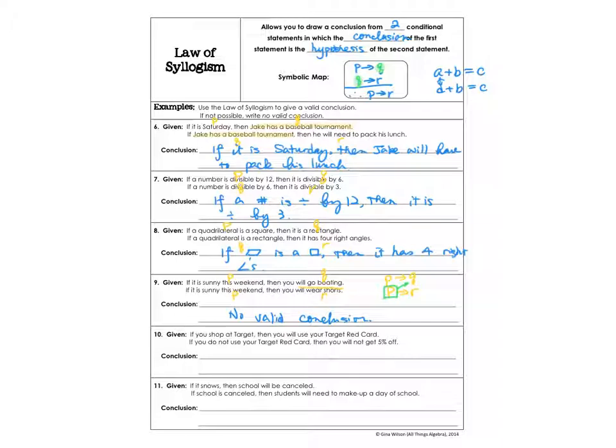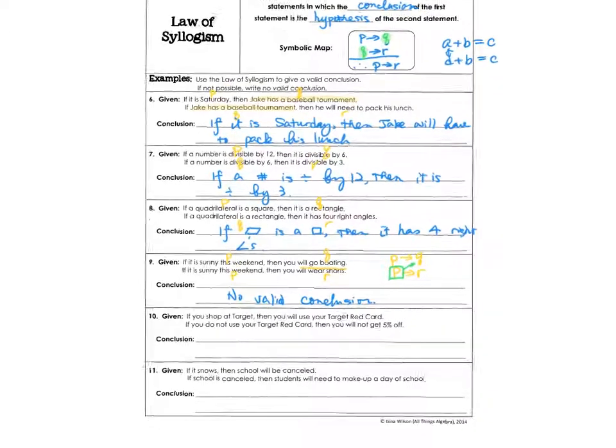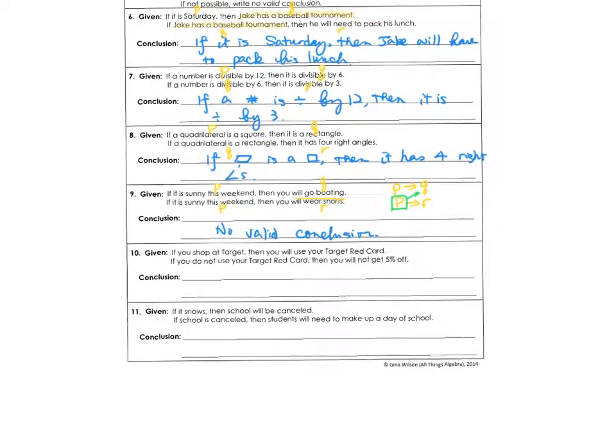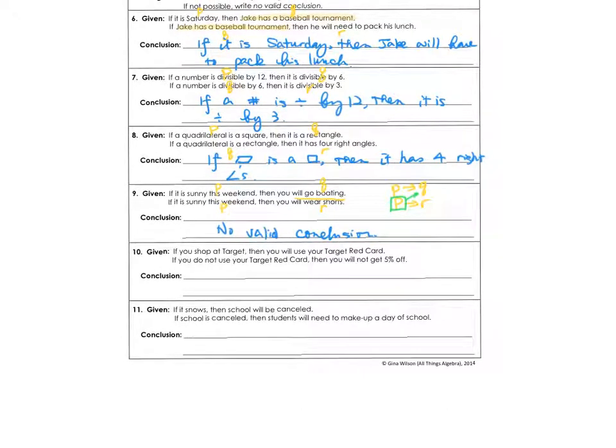Number 10, I'll move this up a little. If you shop at Target, then you use your Target red card. So I have my P, I have my Q. If you do not use your Target red card, then you will not get 5% off. This is an inverse statement, right?